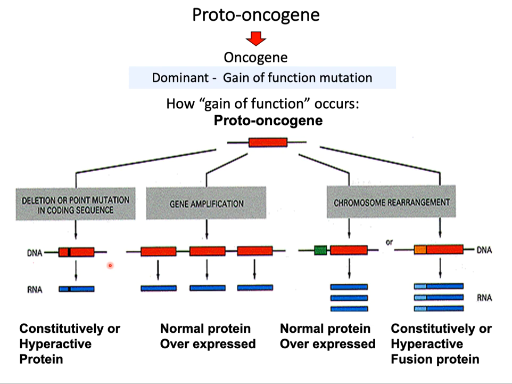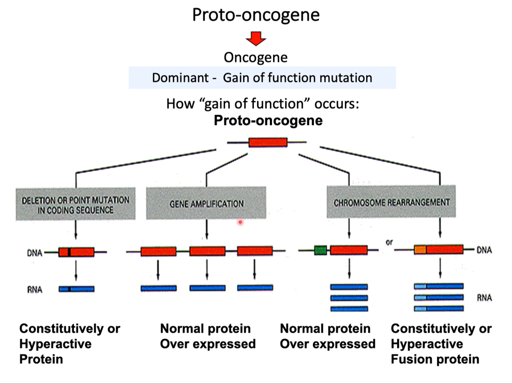So there is a small change in the coding region such that once this mutated gene is transcribed and translated, you end up with a different protein that is hyperactive, a protein that's better at driving the cell cycle than its normal counterpart.